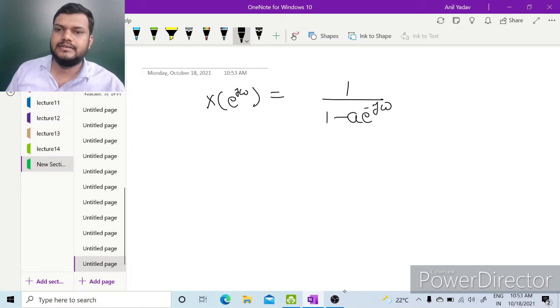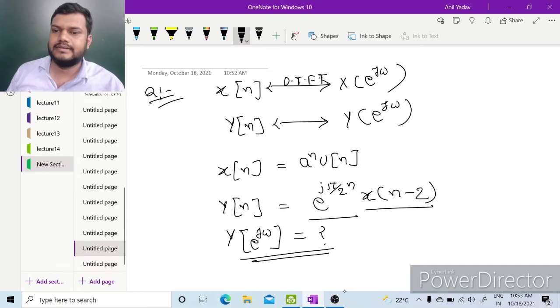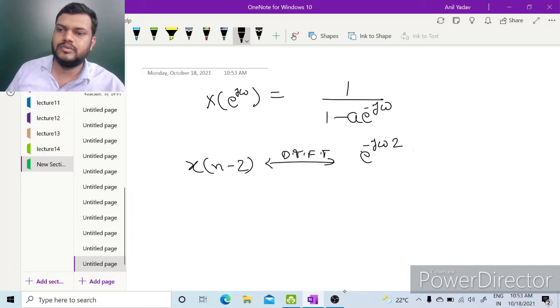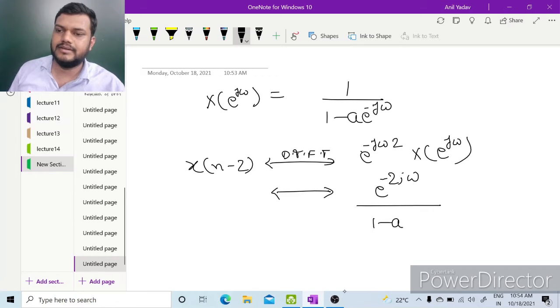And x of n minus 2 will have DTFT as e to the power minus j omega times 2 times X(e to the power j omega). It will be e to the power minus 2 j omega upon 1 minus a e to the power minus j omega.